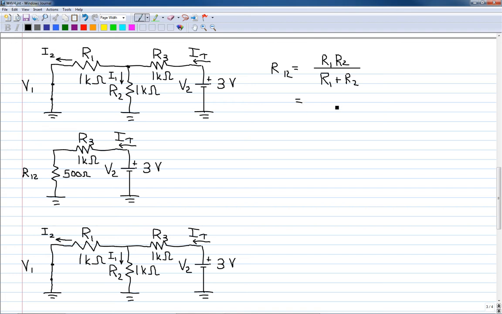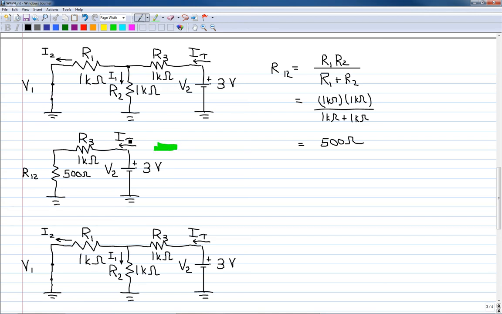Substituting, we have 1k ohm times 1k ohms divided by 1k ohm plus 1k ohm. This comes out to be 500 ohms, which reduces the circuit to this equivalent circuit.